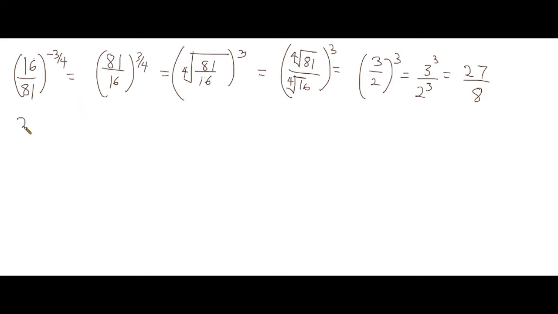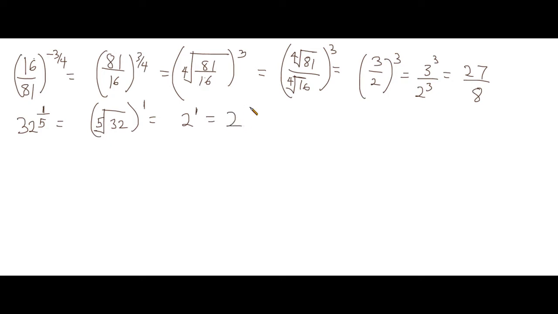So more examples on fractional indices, whereby we have something like this: 32 raised to power of 1 over 5, and I can write this, following that second law, as the fifth root of 32 all raised to power of 1, and the fifth root of 32 is going to be 2, all raised to power of 1, and that will be 2.